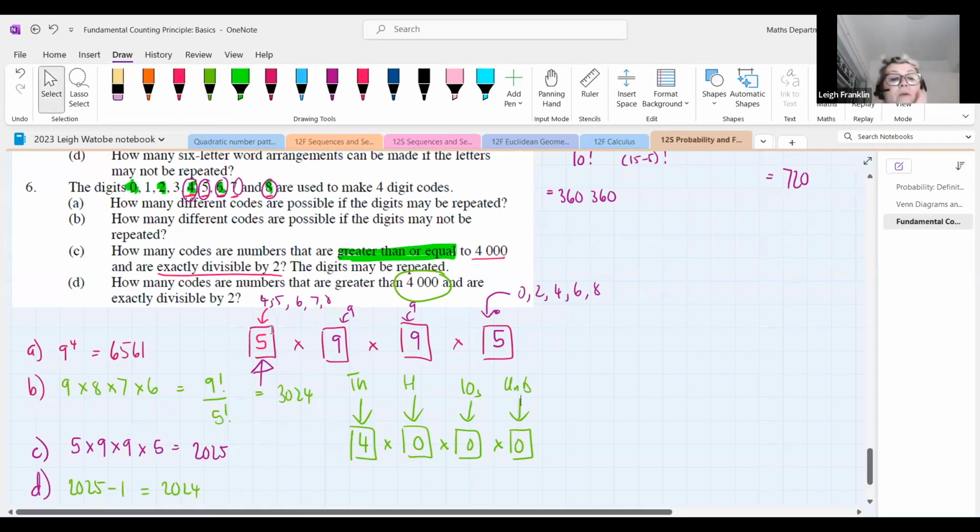So that's why there are 5 options for the thousands block. For the hundreds and the tens, repetition is allowed. So that's why we've got 9 options for each of those. For our units block, it has to be divisible by 2. So it has to be an even number, 0, 2, 4, 6, or 8. Does that make more sense to you?